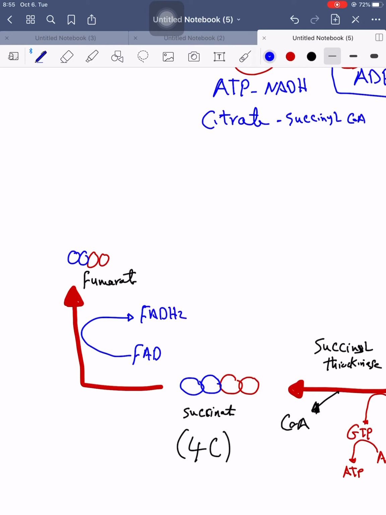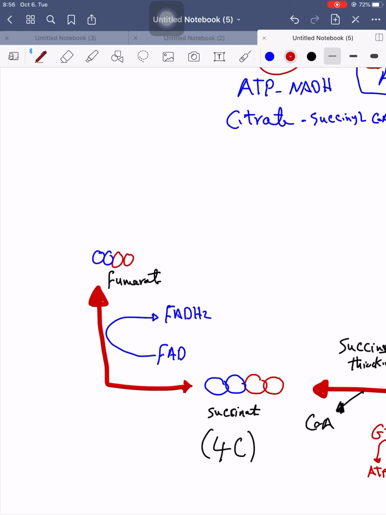FAD has more affinity to hydrogen than NAD. For that, if you were using NAD here, that reaction would be irreversible in the direction of succinate formation. But we have FAD to make it reversible, producing FADH2. The enzyme which can do this is very specific.